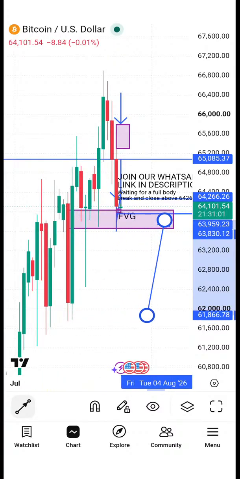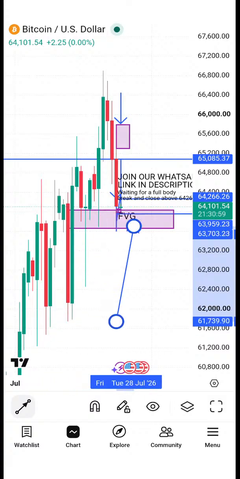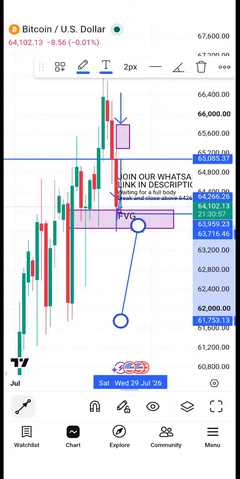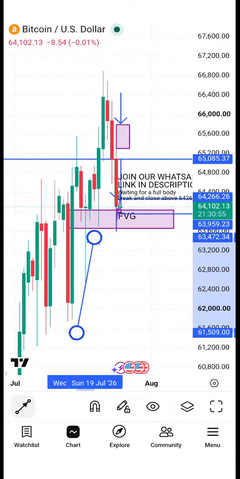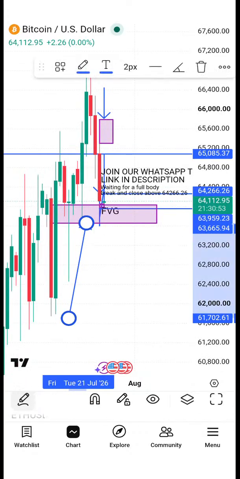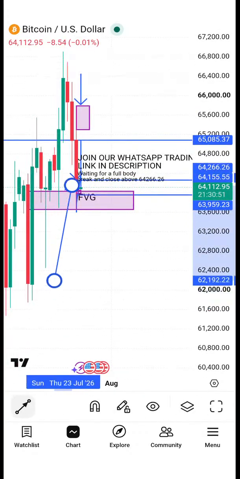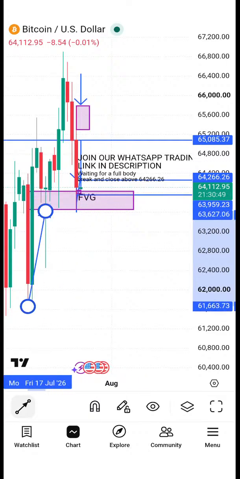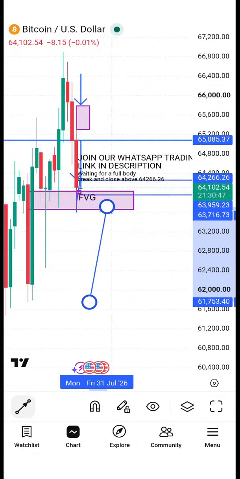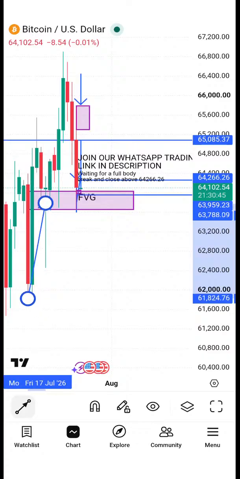There's a lot of buying opportunities around this area. This area is very strong. It is being respected.